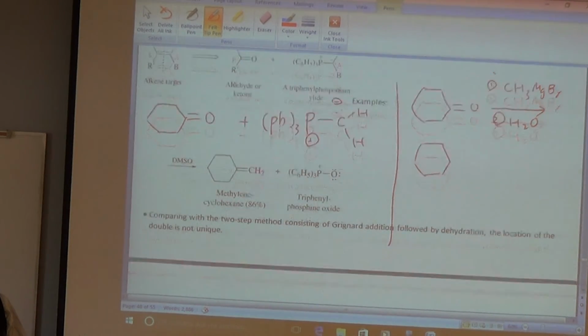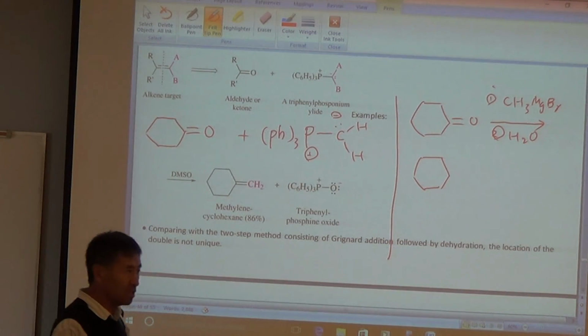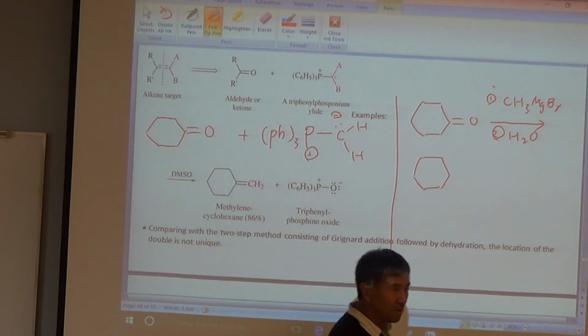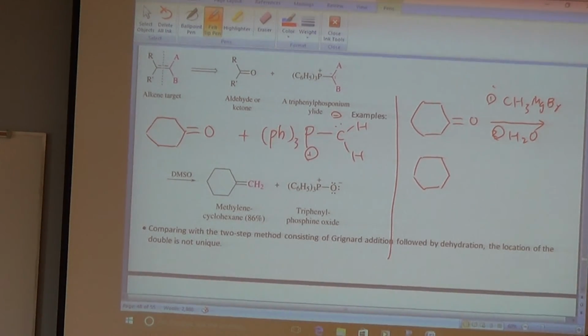The CH3 now has a negative charge. Usually the carbon has a positive charge when the carbon is bonding to oxygen or to a halogen. Now the carbon is bonding to magnesium, a metal. So this CH3 is a nucleophile, with a relatively negative charge.